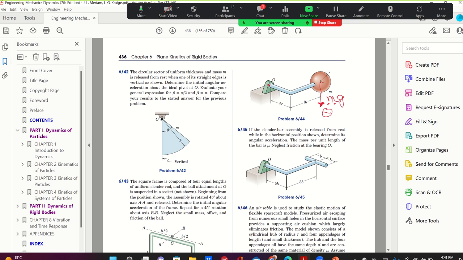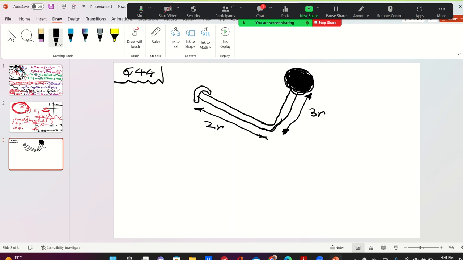Do you know why? Because you have to be smart. Point O is fixed. Yes. The moments around point O equal I with respect to point O times theta double dot. Here we go. See what I'm saying?